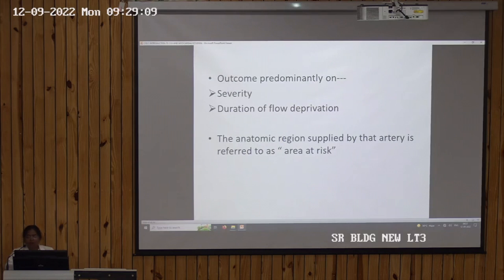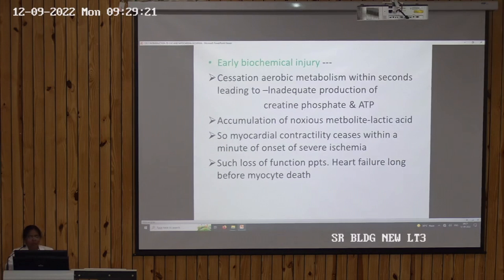And this outcome depends on the severity of the blockage of the vessel and for how much time the blockage has occurred. So initially, when the aerobic metabolism gets stopped due to decreased oxygen, there is no ATP formation.